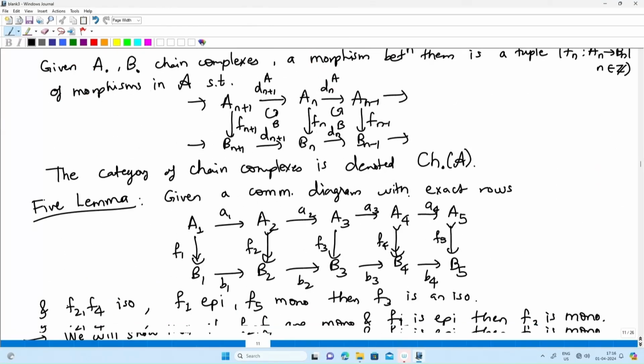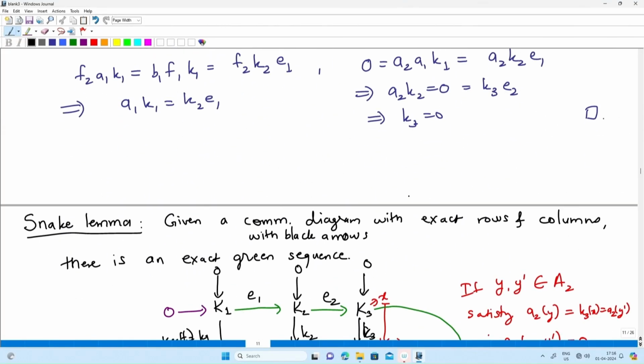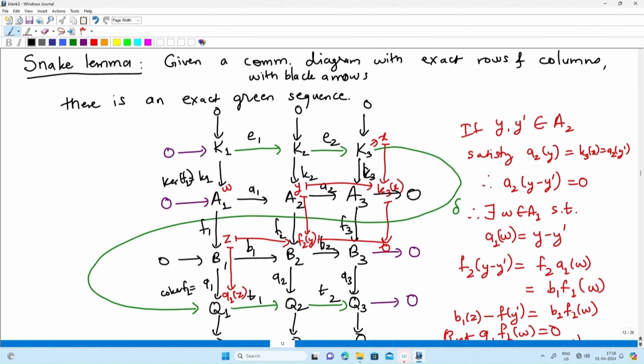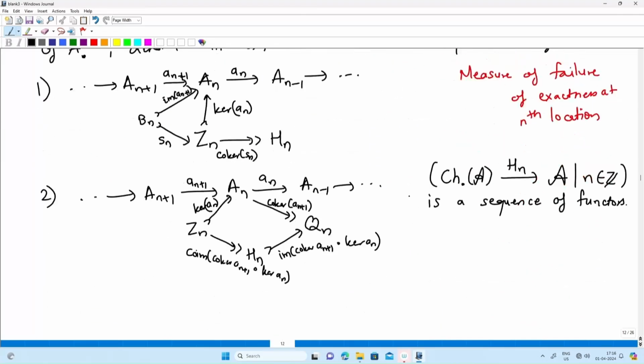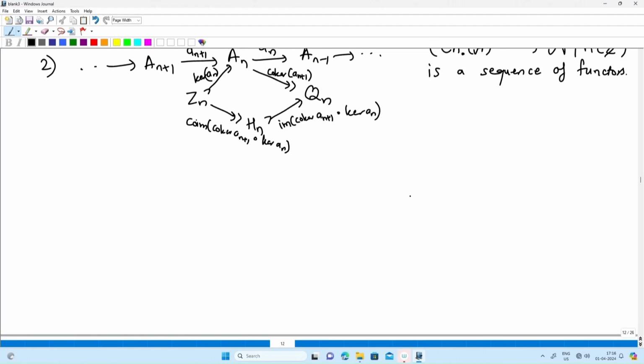Now we will use this snake lemma to prove one very important property of these homology objects, the long exact sequence.